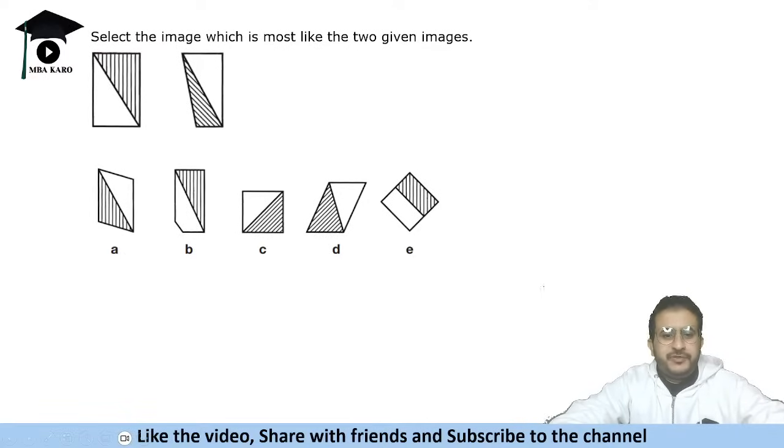What is common? There should be something common to these two images.